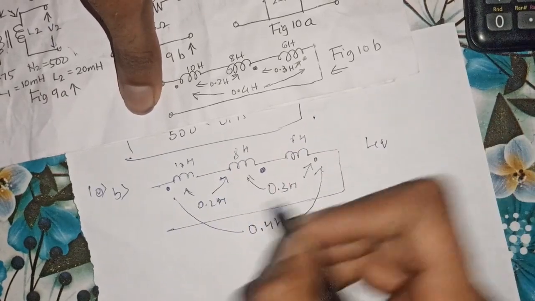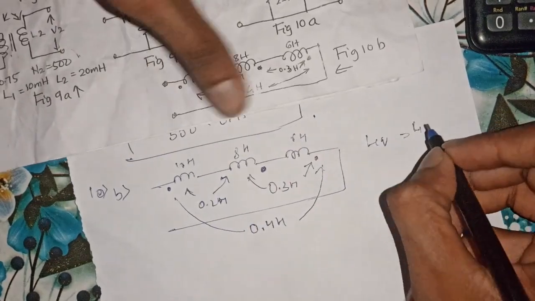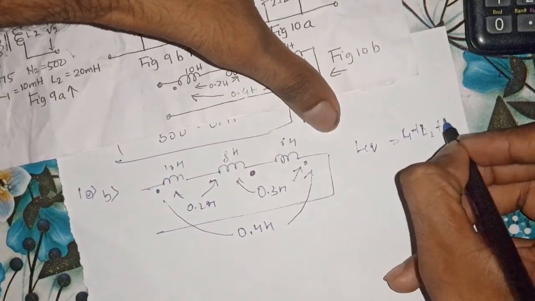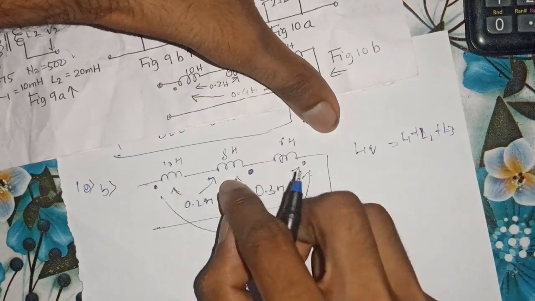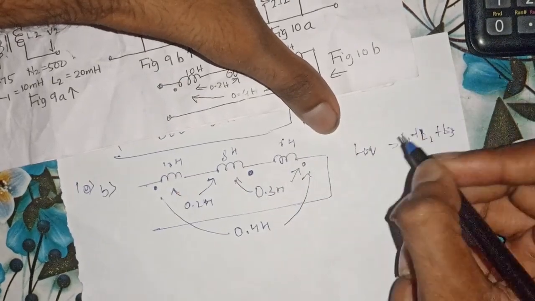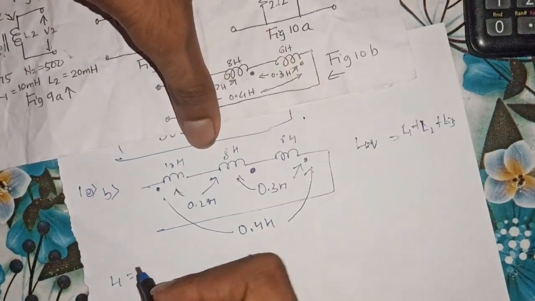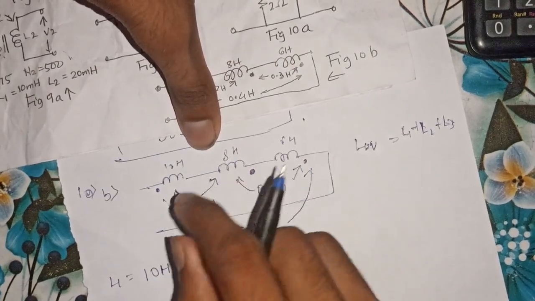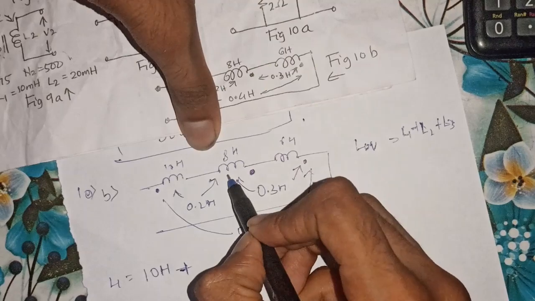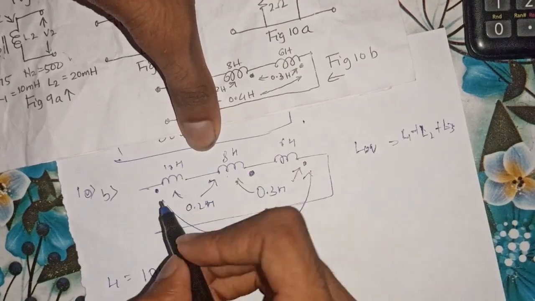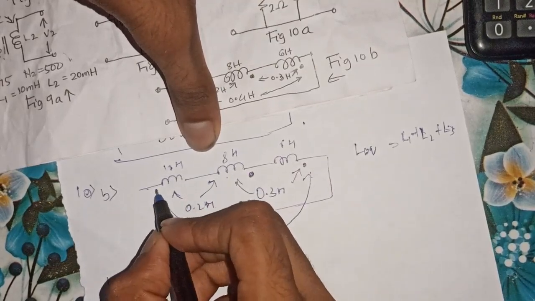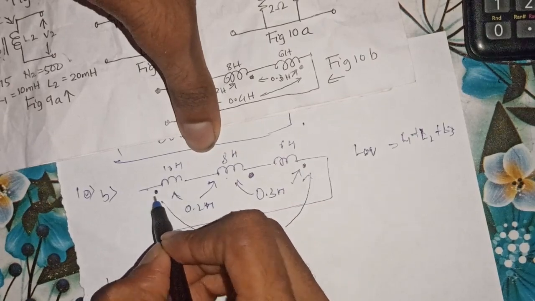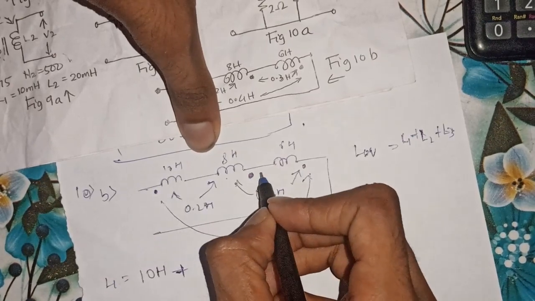It should be L equivalent. Now L equivalent will be due to coil 1 plus due to coil 2 plus due to coil 3. So due to all these coils, there will be resultant L equivalent. So first due to coil 1, the main coil is 10 Henry plus the linking inductance between coil 1 and coil 2. Since we can see that here the dot terminal is placed at the first, that is the current entering into the dot terminal, whereas in coil 2 the current is leaving the dot terminal.